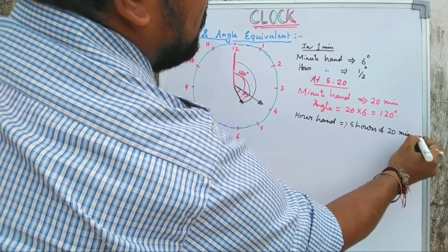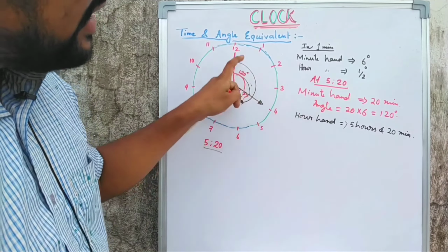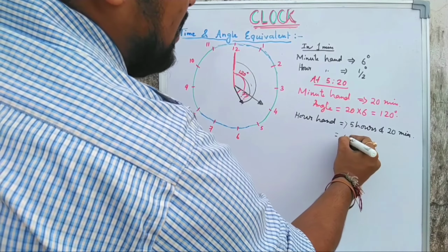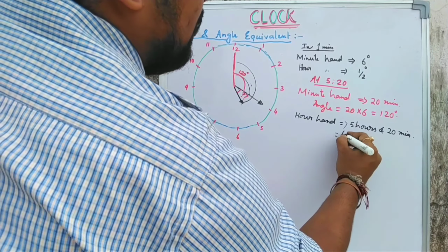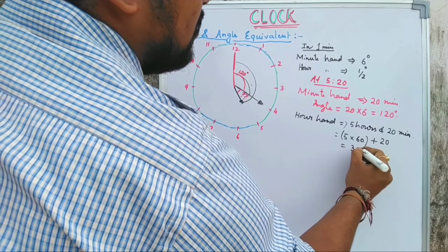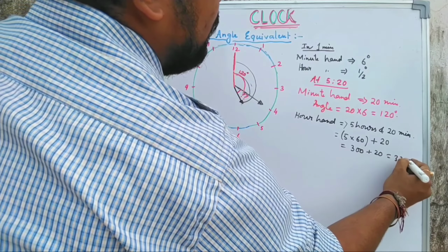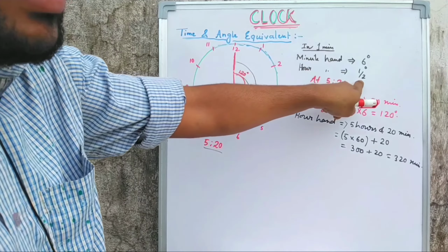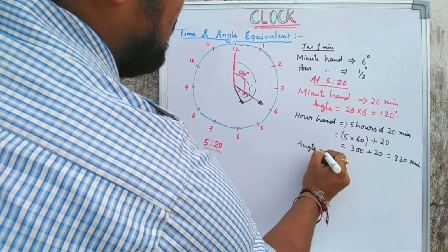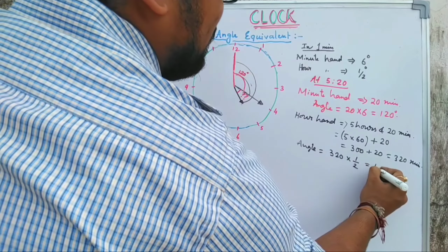Try to understand this one: the minute hand only completed 20 minutes from 12 o'clock, but the hour hand completed 5 hours as well as 20 minutes. 5 hours means 5 into 60 minutes, plus 20 minutes. 5 into 60 is 300, plus 20, that is 320 minutes. The hour hand moves half a degree in 1 minute. So for 320 minutes, the angle equals 320 multiplied by half a degree, so it is coming 160 degrees.